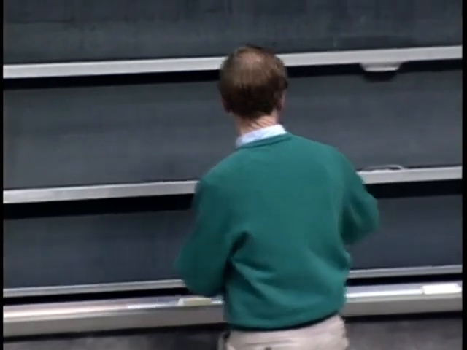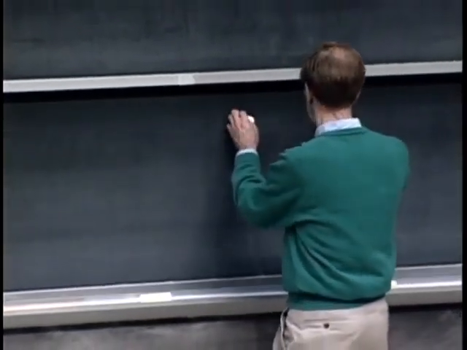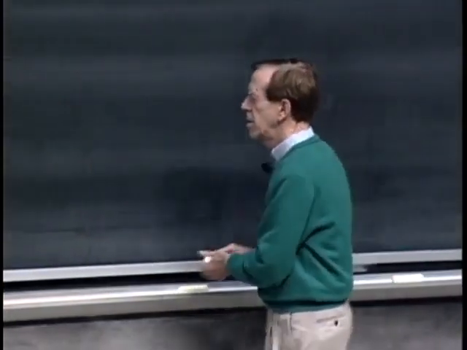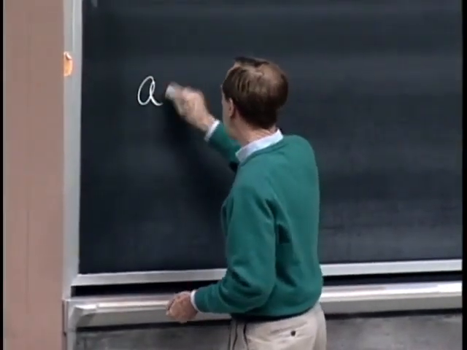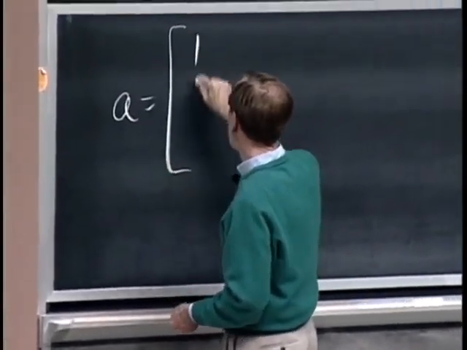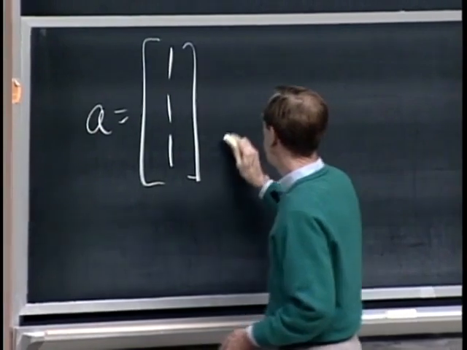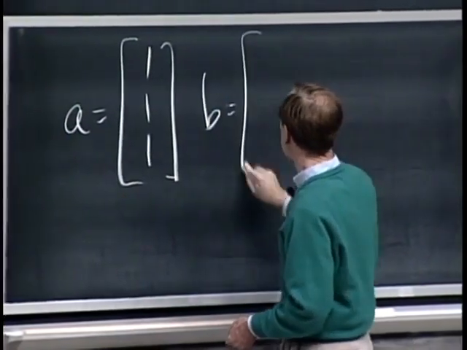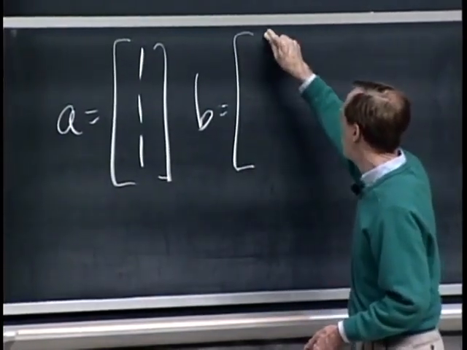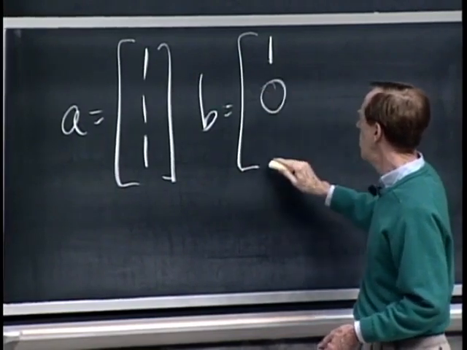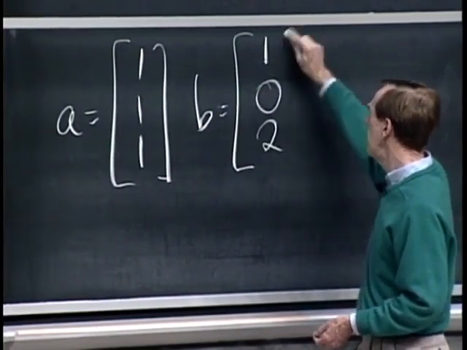Okay. So let me give you the 2 vectors. I'll take the vector A equals, let's say, 1, 1, 1. Why not? And B equals, let's say, 1, 0, 2, okay?